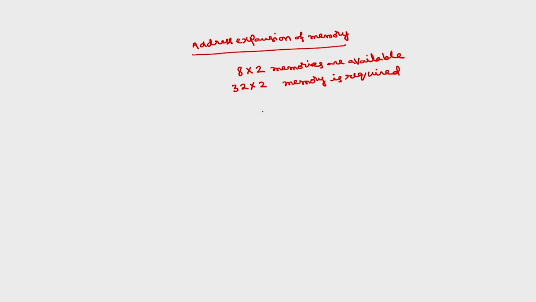Okay. So, I have the 8 by 2 memory. So, we have 8 locations here, I want 32 locations. Okay. Basically, the number of address lines of the 8 by 2 memory will be, it can be read only memory or random access, they have the same logic. So, for 8 by 2 how many address lines will be there?